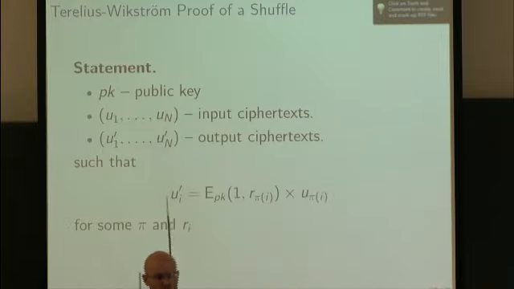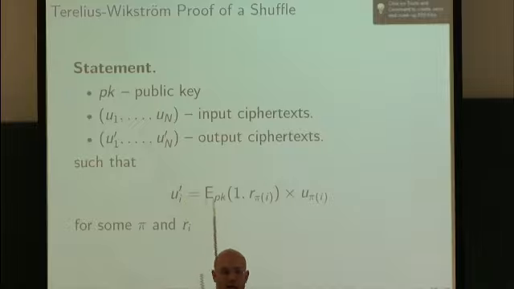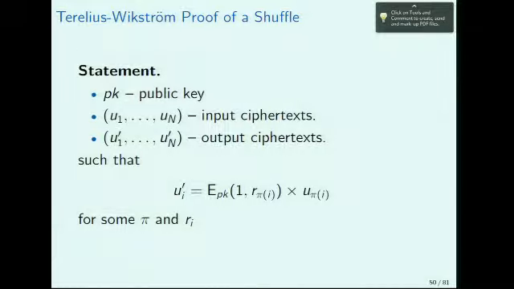Then we also need a proof of a shuffle, and Jens explained one proof of a shuffle, and this is my own, with my student, proof of a shuffle. Actually, the goal of this paper was not to do a proof of a shuffle, but it was like a side result. Okay, so I hope that everybody will be able to follow this, because I think it's a very, very simple proof of a shuffle.